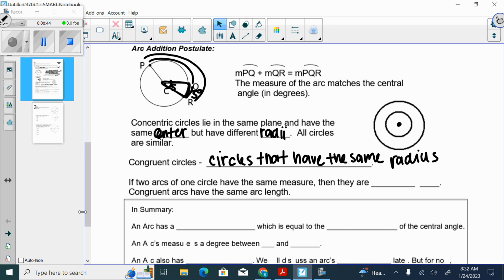Then if 2 arcs of one circle have the same measure, they are said to be congruent arcs. So we can have congruent circles, and then we can also have congruent arcs within the circles. And congruent arcs would have the same length. So there is a difference between arc length and the measure in degrees of arcs.